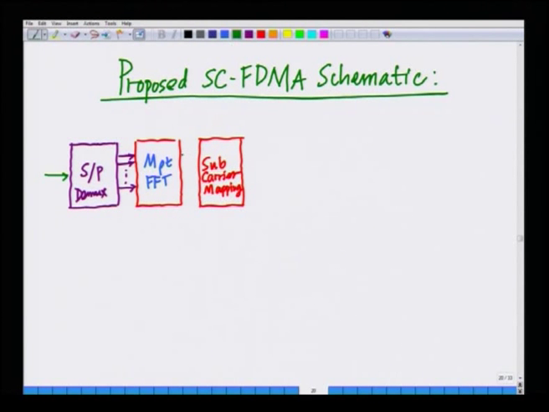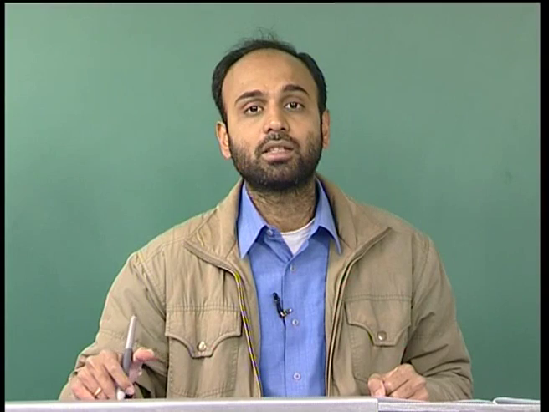Here at this point we still have M symbols. Now, after the subcarrier mapping, we have N symbols. So, we take M symbols, do an M point FFT, then map to capital N subcarriers. Remember, we said M is much less than N.